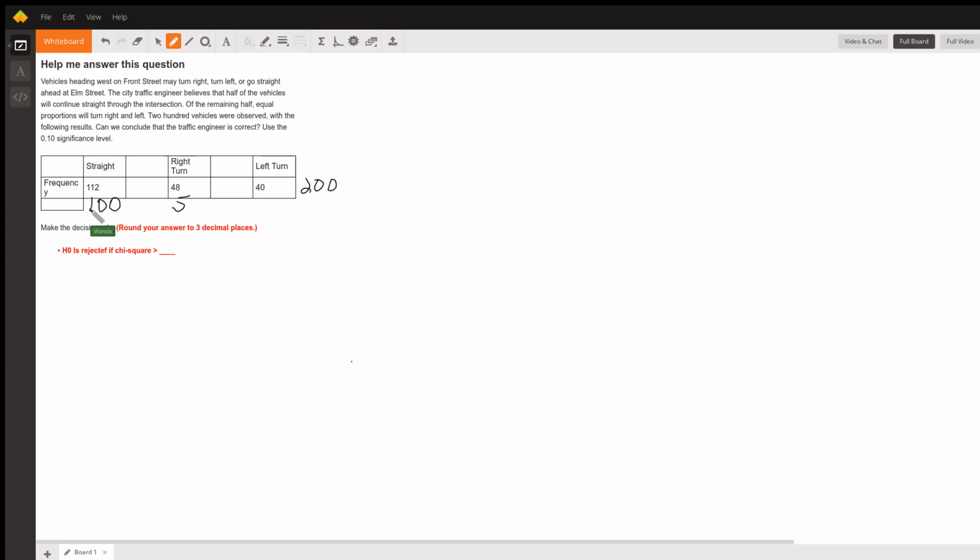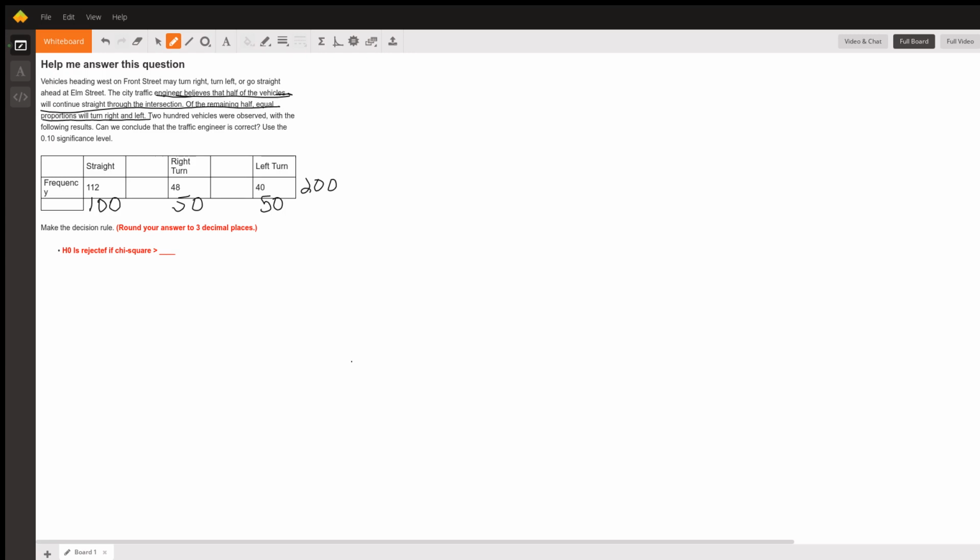This is what the traffic engineer thinks. And we're going to have 50 of those 200 going left. Because right here we say the city traffic engineer believes that half of the vehicles will continue straight, and of the remaining half, equal will turn right and left. So that's how we get our predicted frequency.